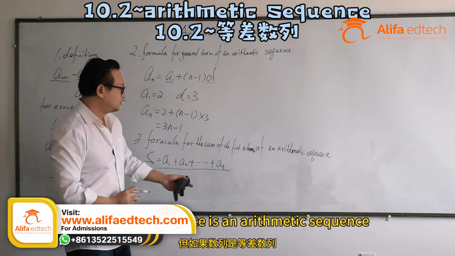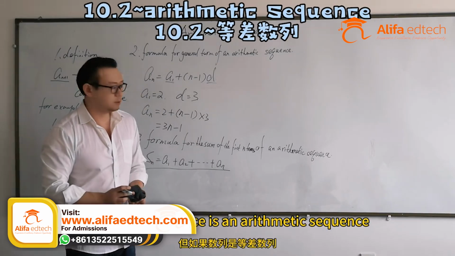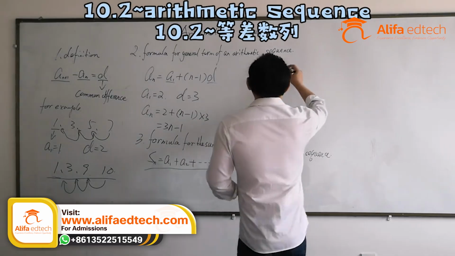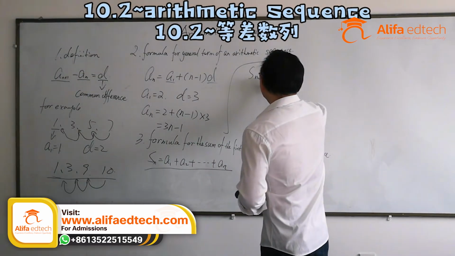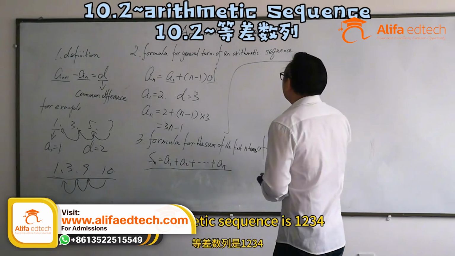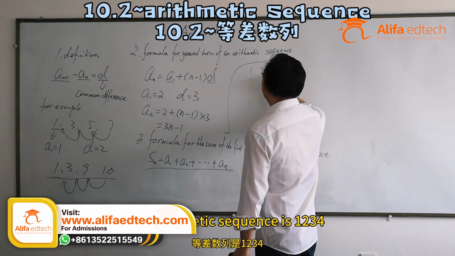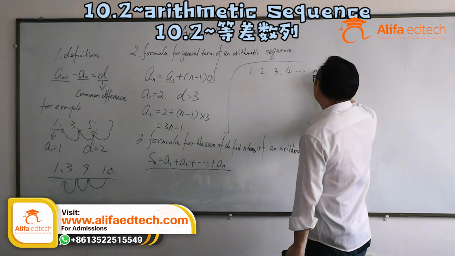But if the sequence is an arithmetic sequence, for example, the arithmetic sequence is 1, 2, 3, 4, ..., n.